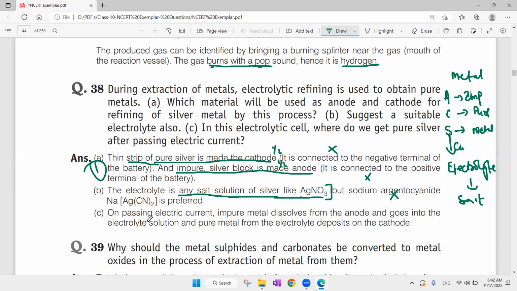Third, in this electrolytic cell, where do we get pure silver after passing current? On passing current, impure metal dissolves from the anode and goes into the electrolytic solution, and pure metal from the electrolyte is deposited on the cathode. This is important. Pure metal from the electrolyte deposited on the cathode. So these are the important points from the answer.